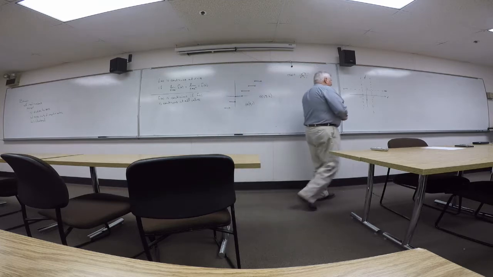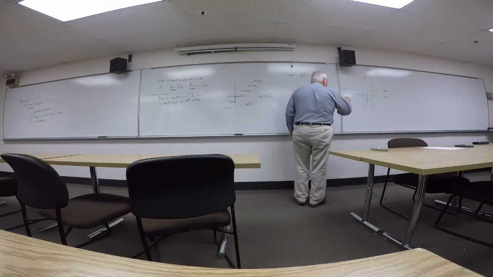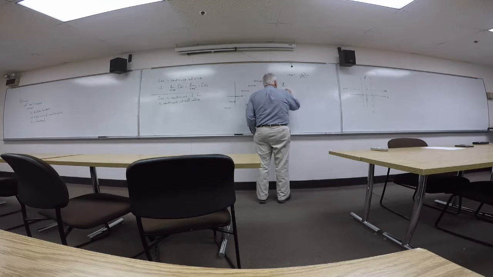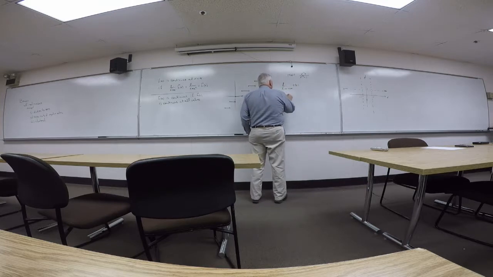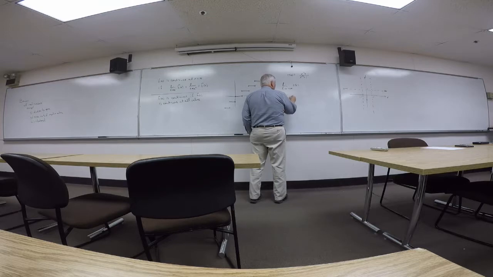So, let's look at limits. We have six limits I want to look at. The limit as x increases without bound in the negative direction of r of x, we'll talk about that in a little bit. The limit as x approaches negative 1 from the negative side of r of x. The limit as x approaches negative 1 from the positive side of r of x.